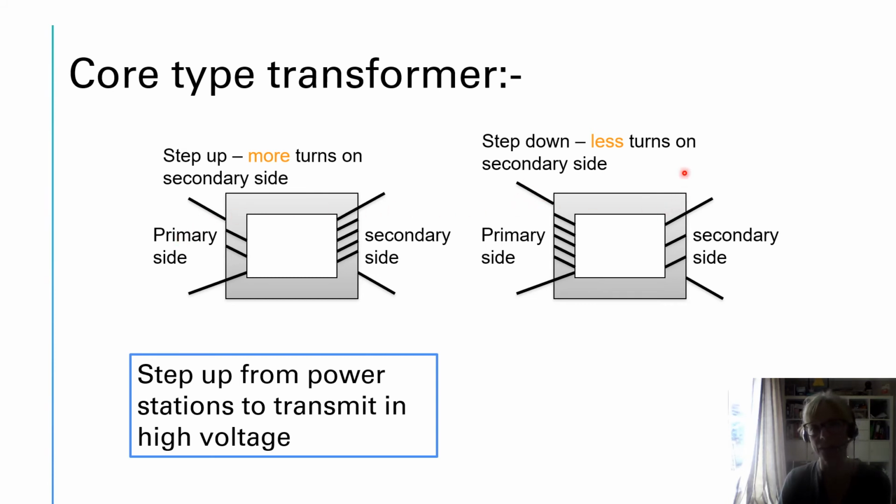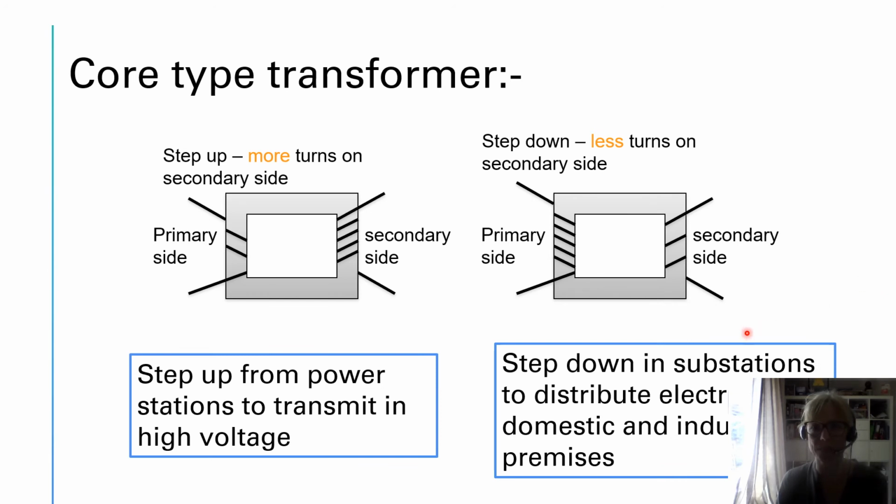And then you've got your step-down transformer, which occurs in your substations to distribute electricity into domestic and industrial premises. And again, you've got less turns on the secondary side, which is where you're stepping down your voltage for safe distribution.